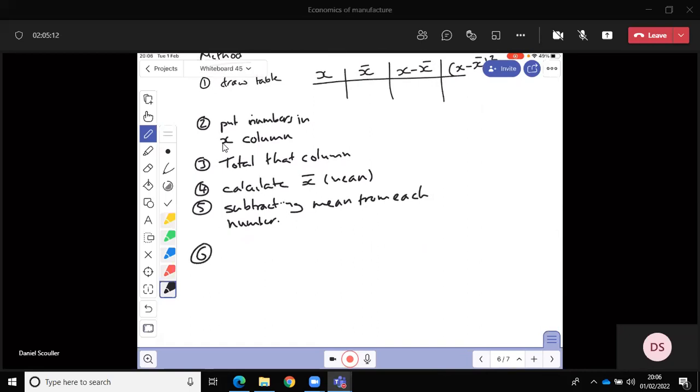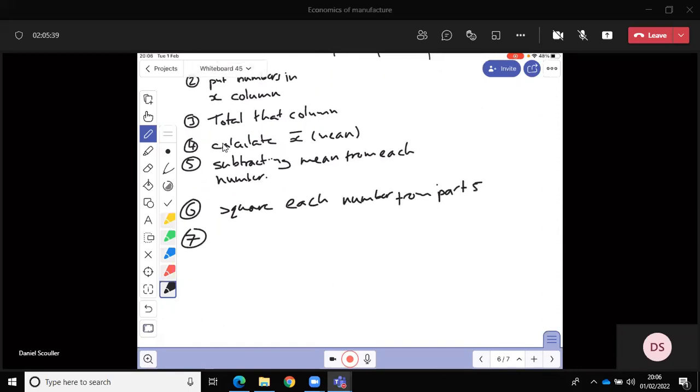Then in the last column, we're just squaring each of those terms. So square each number, and then total that and put it into your formula.